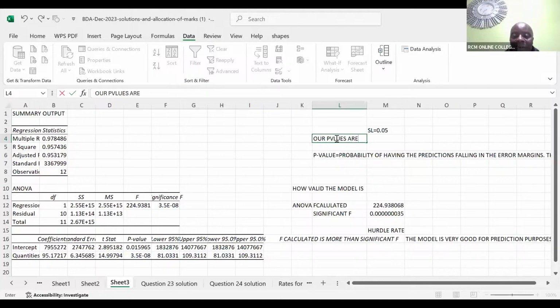Therefore, ladies and gentlemen, the model is excellent for prediction purposes.